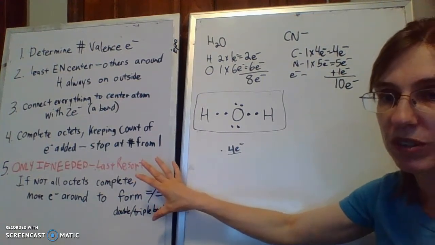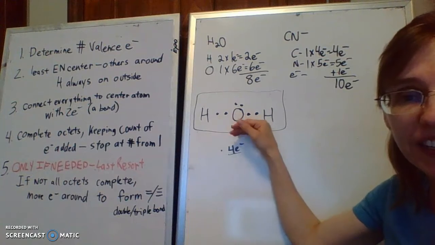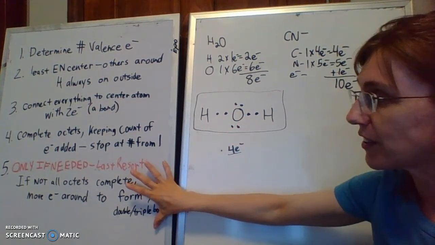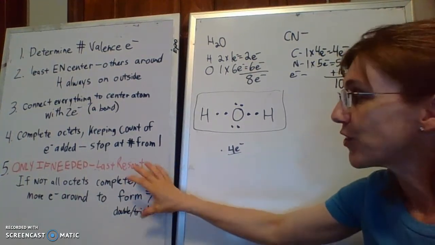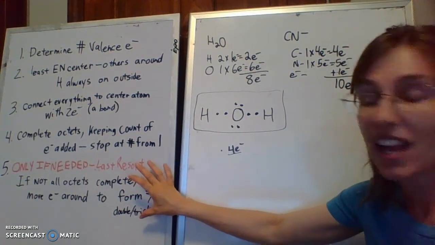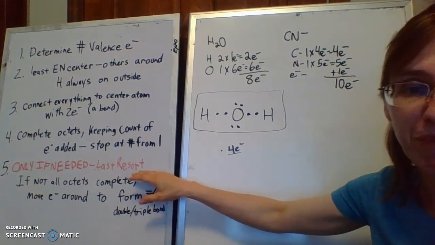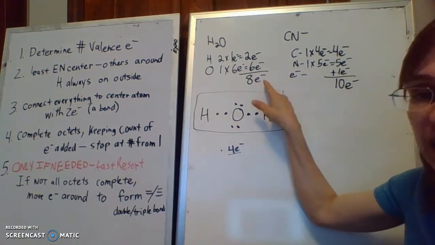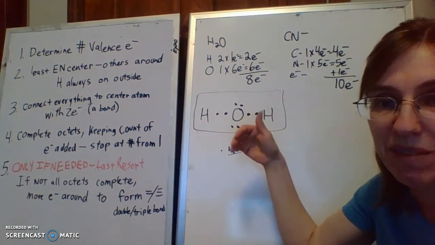So let me go over rule number 5 so that we can understand what it means. We didn't need it in this case, and oftentimes you won't need it. The 5th rule is sort of the last resort rule. You only use it as a last resort, and you only use it if you really, really need it. If you filled in all of your electrons and you've gotten up to your maximum number of electrons, you can't put any more dots in there, but one of your atoms is not happy.